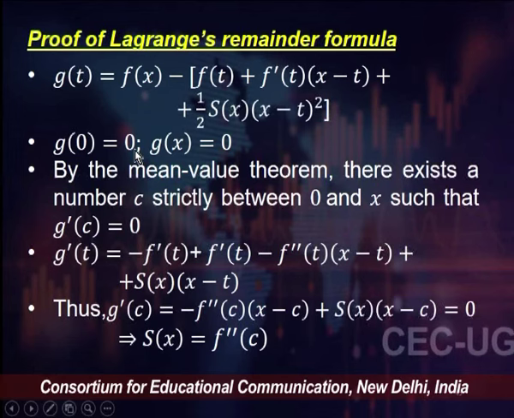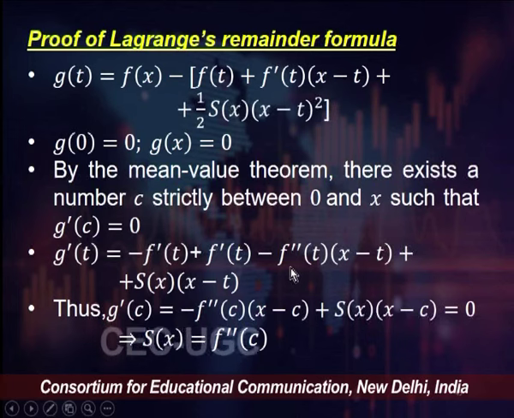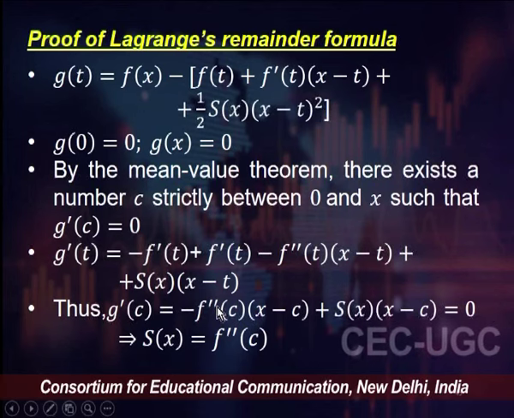And what is g prime of t? You can calculate it to get this expression here: minus f prime of t plus f prime of t minus f double prime of t times x minus t plus s of x times x minus t. Because by the mean value theorem there exists a number c such that g prime of c is 0, once I put t equal to c, these two terms will vanish in any case, and I have minus f double prime of c times x minus c plus s of x times x minus c equal to 0.